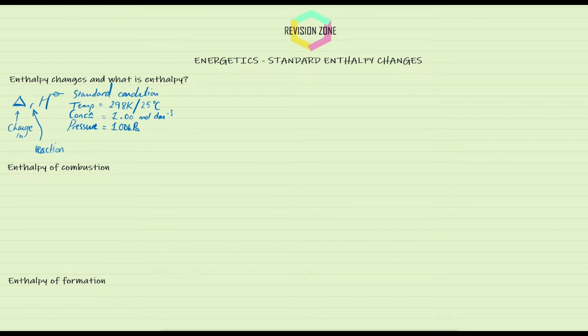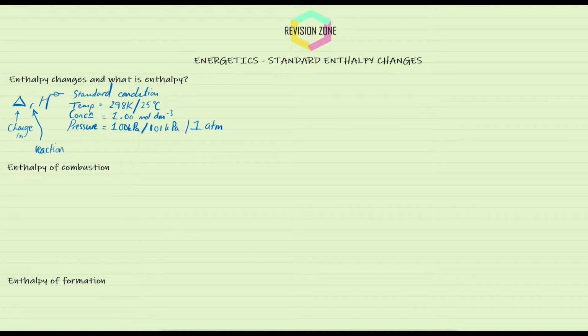You might see 101 kilopascals. You may even see 1 atmosphere, 1 atm. These are all standard units of pressure. 100 kilopascals and 1 atmosphere is definitely a learn. If you're at Excel, 1 atmosphere does come up quite regularly.